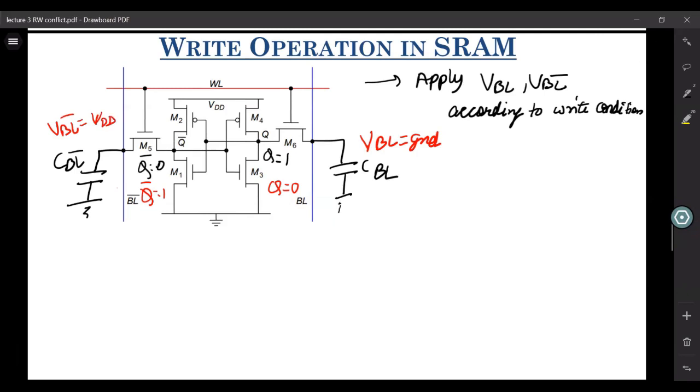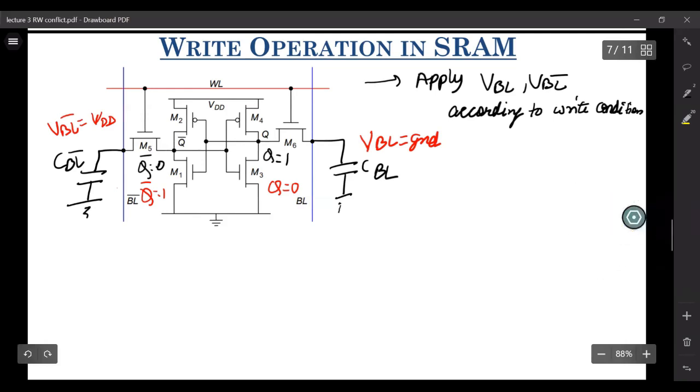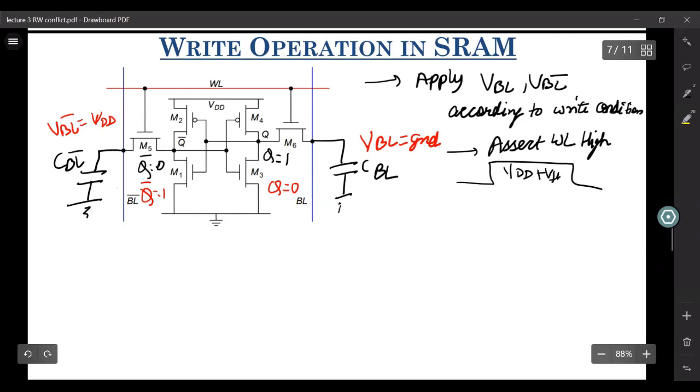After this step, we assert the word line high to start the write procedure. Again, we apply a pulse whose magnitude is VDD plus Vth of the access transistors, as we discussed earlier.